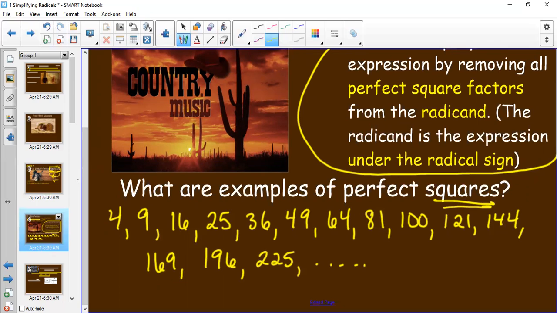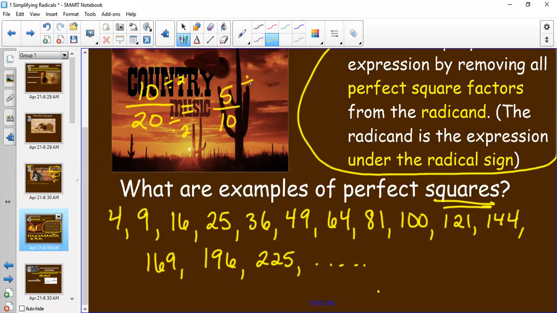Okay, so the best way I can compare this lesson is that it's kind of like the fraction 10 over 20. Just like fractions, where we want to simplify them, we want to simplify our radicals or our square roots. Now, just like fractions as well, maybe we could divide them both by 2 and get 5/10.